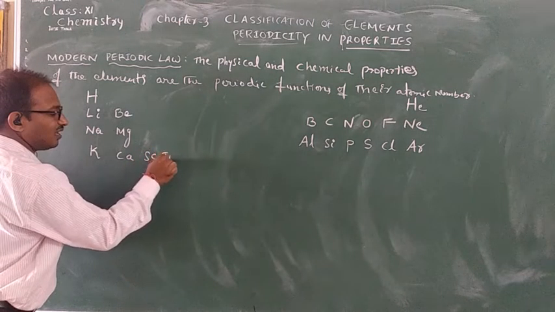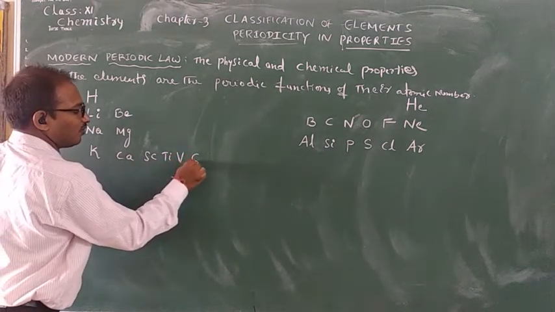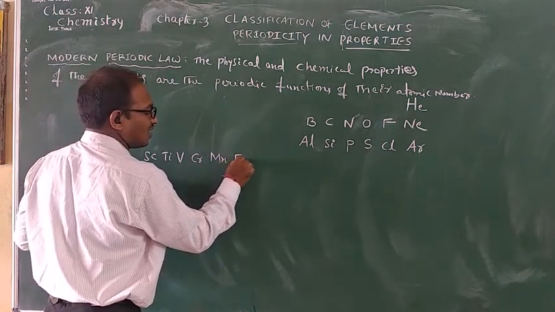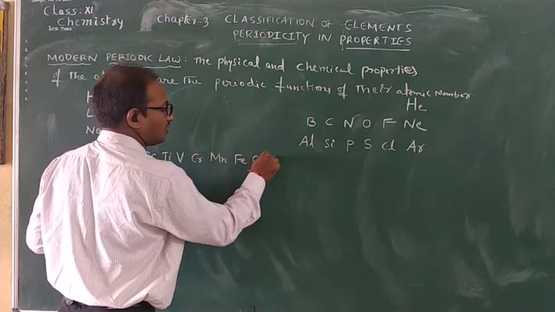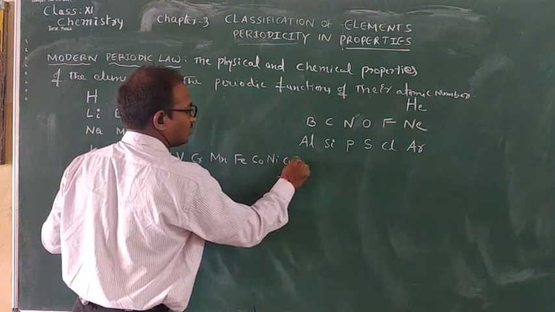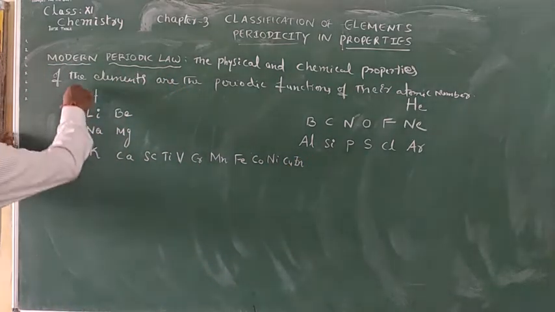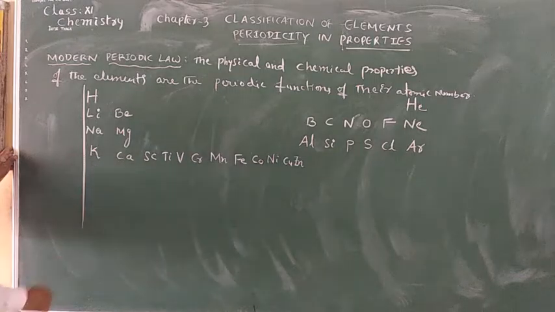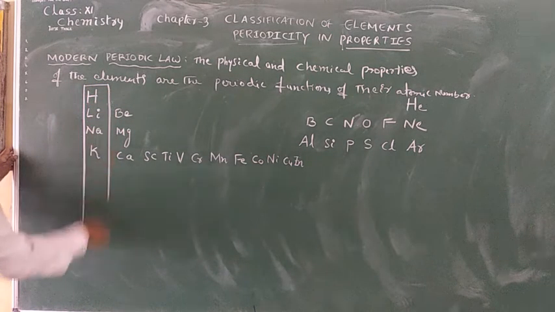scandium, titanium, vanadium, chromium, manganese, iron, cobalt, nickel, copper, zinc. While drawing the modern periodic table, this way you need to remember and write.